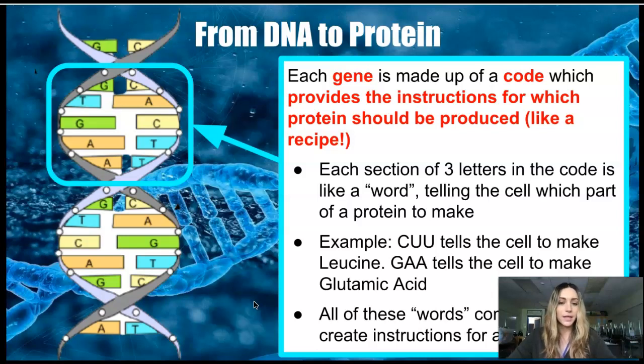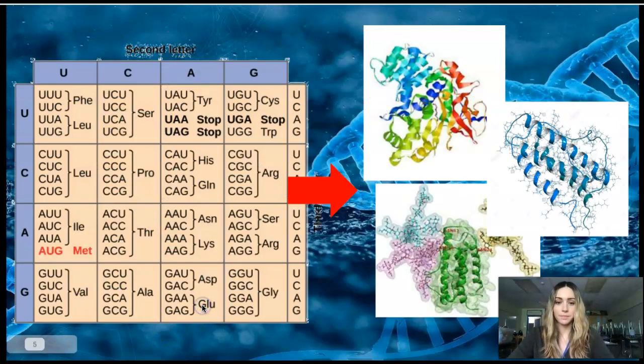Now, as we go along the length of the DNA, we have millions of these little 3-letter codes that come together to create a full recipe or a full set of instructions for what proteins that organism's cell should produce. So remember, the first step is taking our DNA, which is a code that gives instructions, just like a recipe, for which proteins the cell should make.